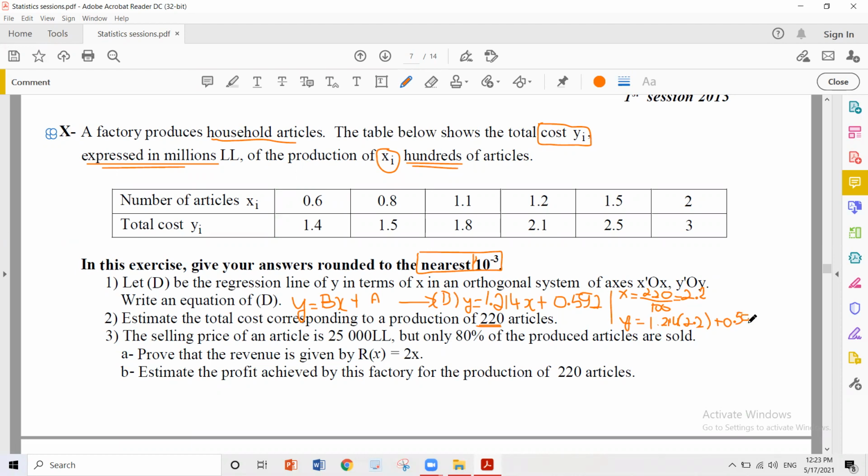Okay, can someone give us the answer? 3.262. 3 point how much? 3.262. Yes. What's the unit? Millions of Lebanese lira.